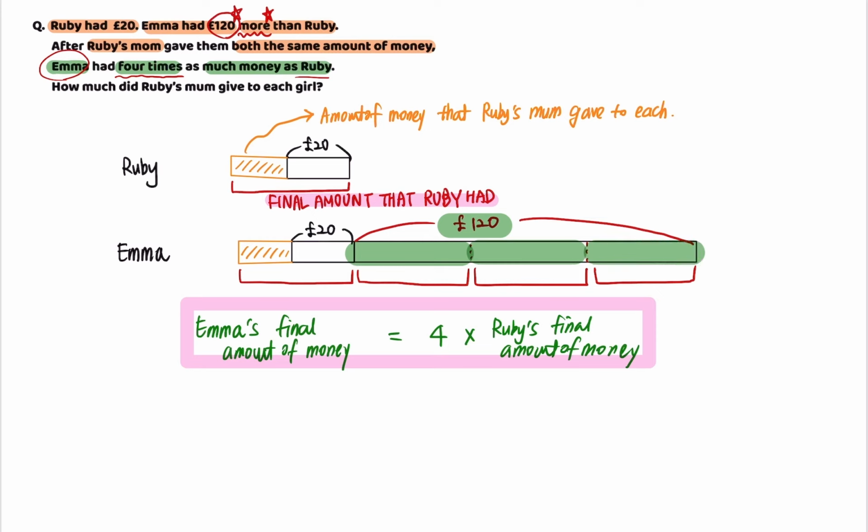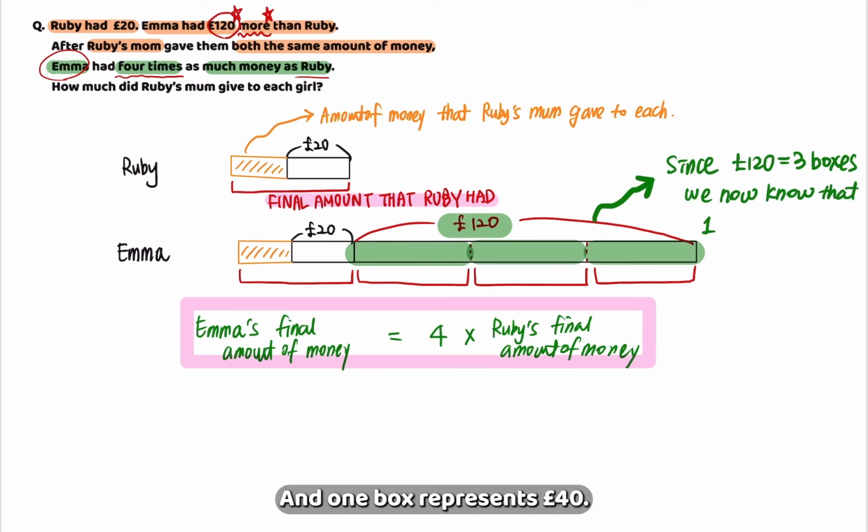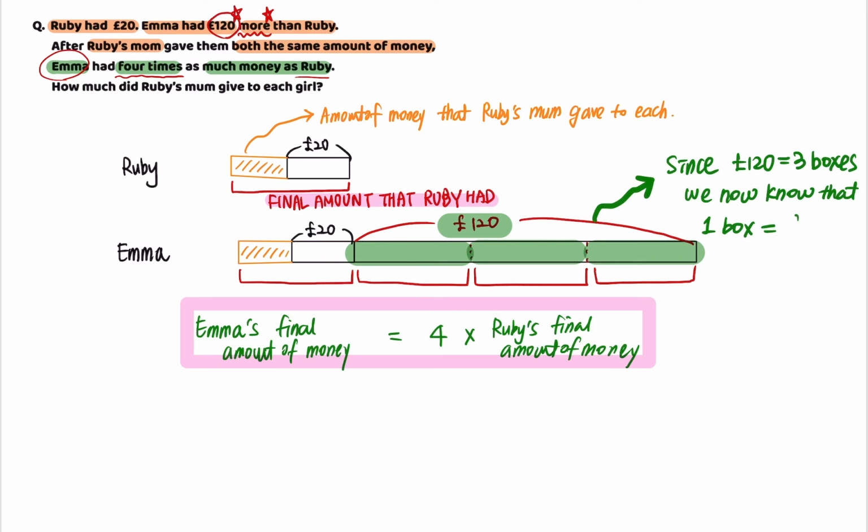So we can state an equation as £120 equals 3 boxes. Then 1 box represents 40 pounds.